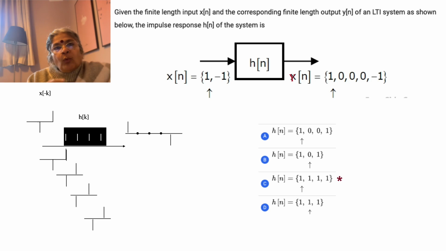So we'll have 1 and 1 both as the two internal values of h[n]. So we have 1 1 1 1 as h[k] coming out, such that we can diagnose h[n] as equal to 1 1 1 1, and so option C is correct.